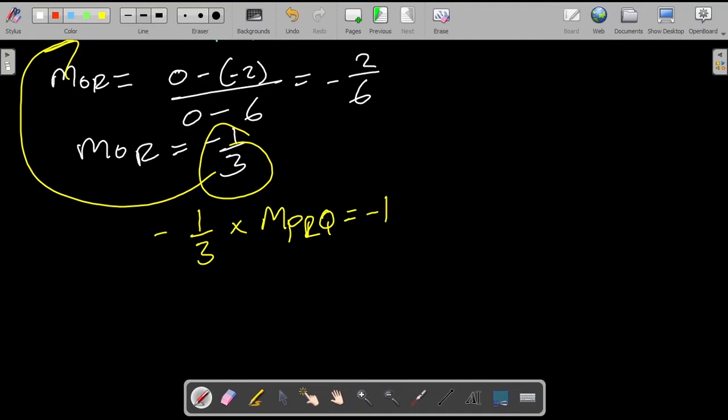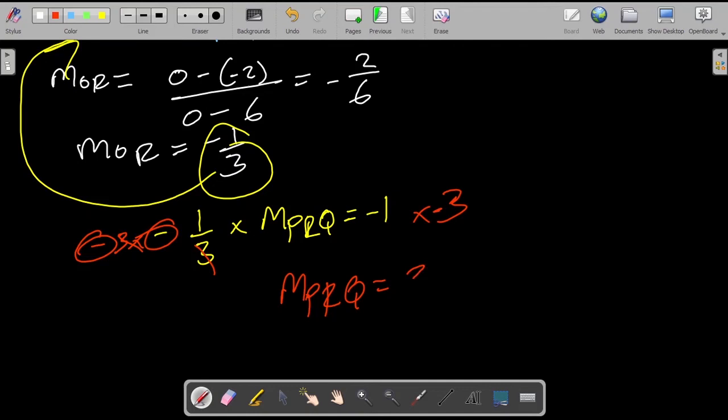Let's multiply both sides by -3. That would cancel, that would become positive, and you'd have the gradient equal to 3. This would be your gradient for the tangent.